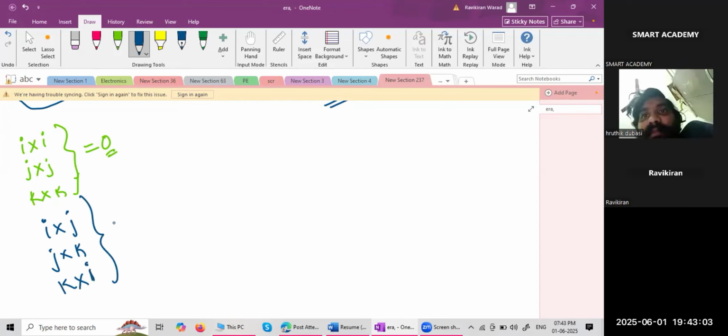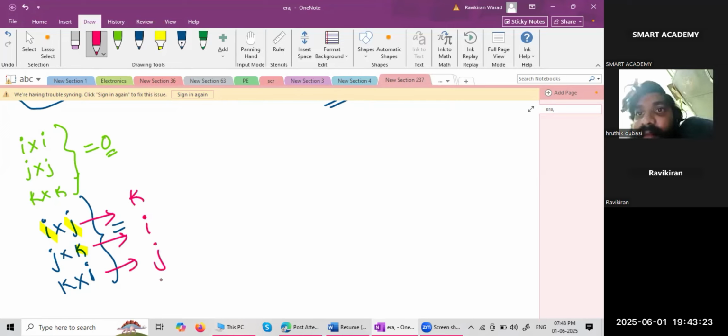A small change here. See, total how many are there? I is there, j is there, and k is there. Three: i, j, k. Here, in the first one, what is absent? I is absent. What is absent here? J. The cross product of two different vectors is the remaining one: i cross j is k, j cross k is i, k cross i is j.